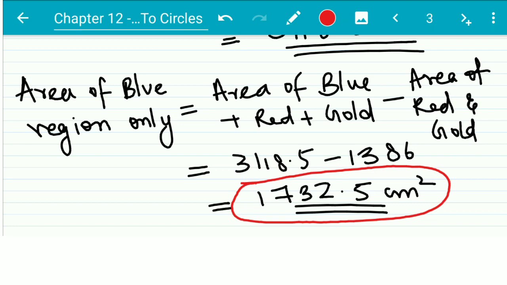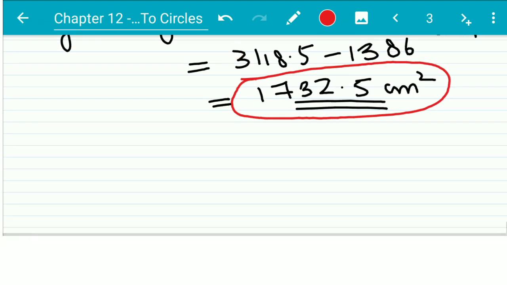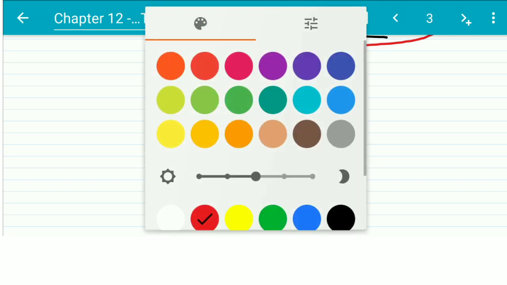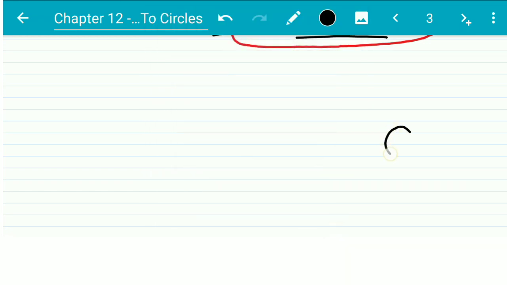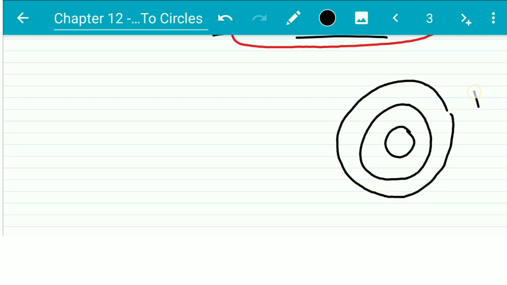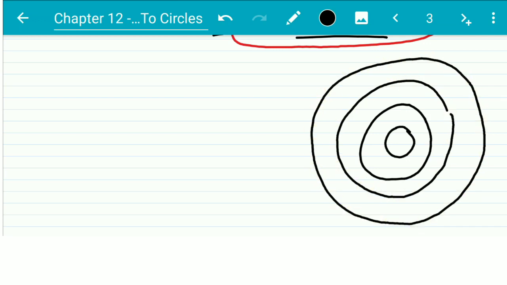Same way, next one, area of the black region. Do the same thing again. See, here it is gold, red, blue, black. This radius is 10.5. This width is 10.5, 10.5, 10.5.